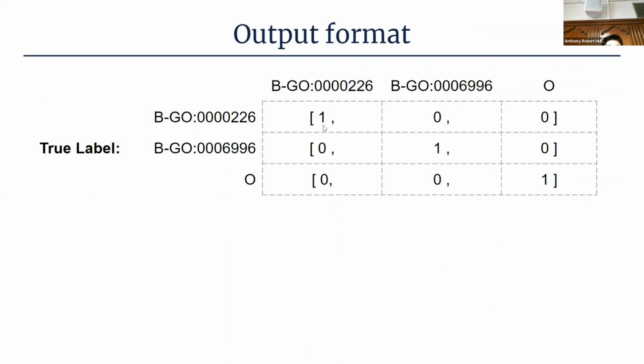In training, if we are dealing with this term, we provide the highest weight to this term, and the lowest weight, in this case 0, to other terms. This is what ideally the model would try to predict, training the weights so that they are closer to these numbers.